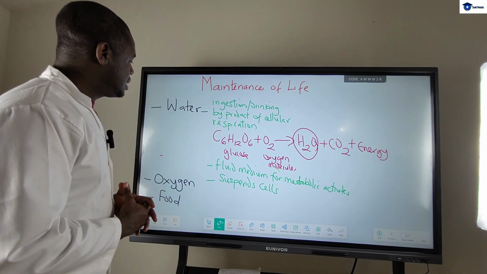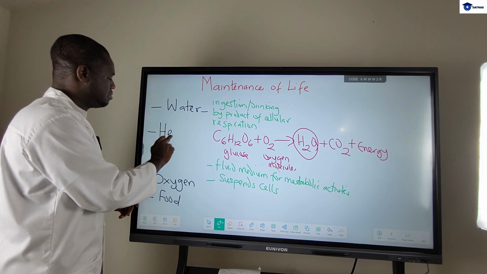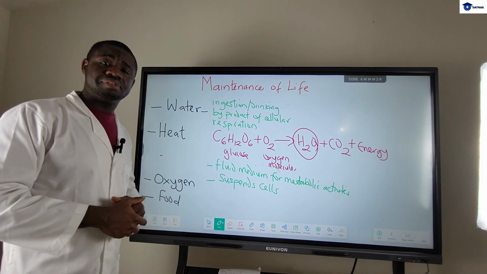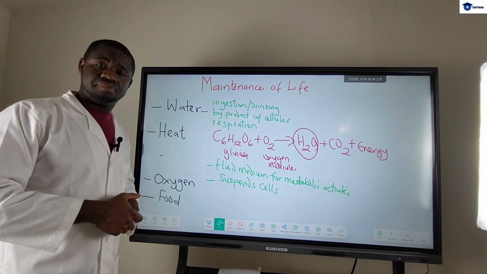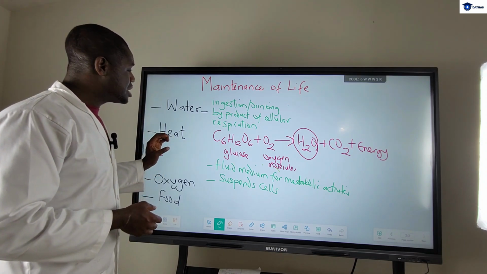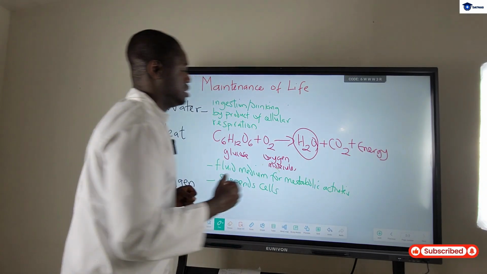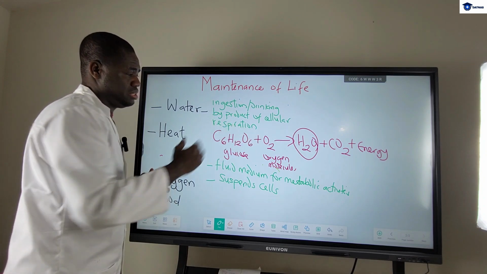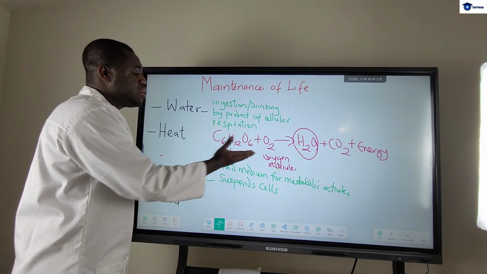Not only that, we also have heat. Heat is needed to maintain life. And this heat is produced by the chemical reaction between the glucose and oxygen.